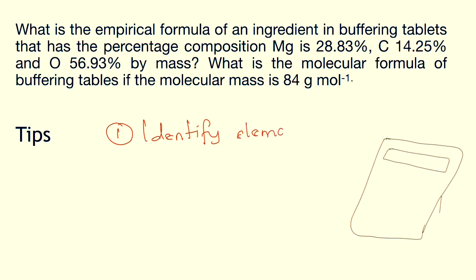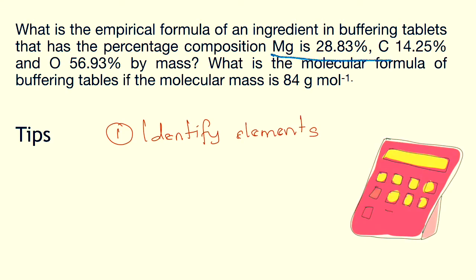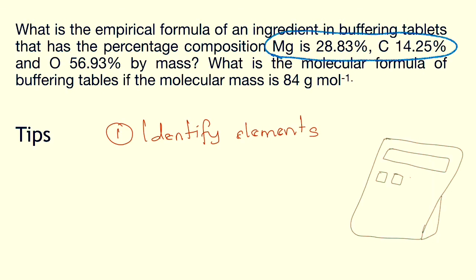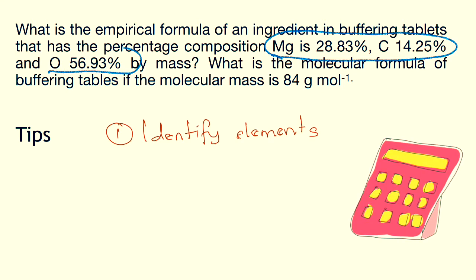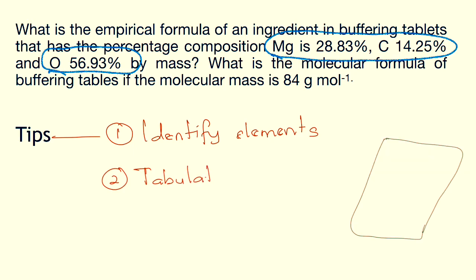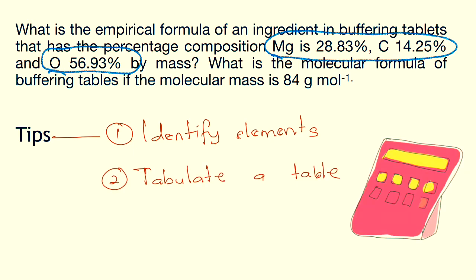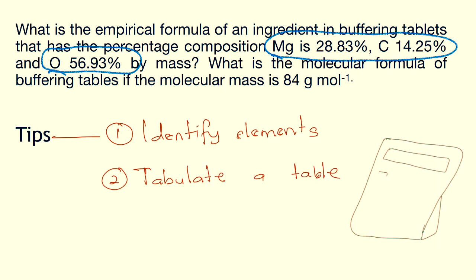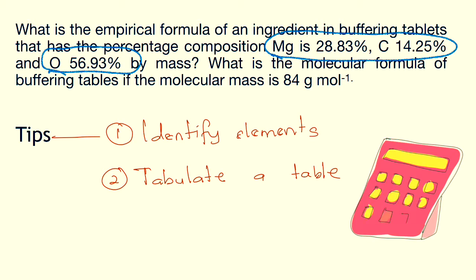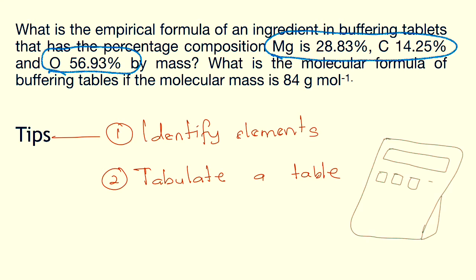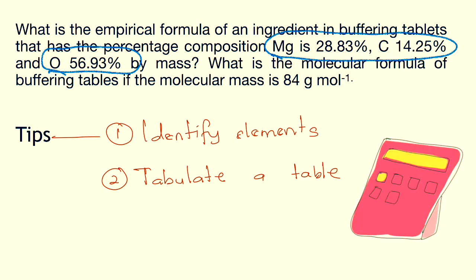Tips to answer this question: first, you have to identify the elements that exist. In this question, the elements are magnesium, which is 28.83%, carbon, and oxygen. And then you have to tabulate a table. The next example will show you how to tabulate a table. Stay tuned.